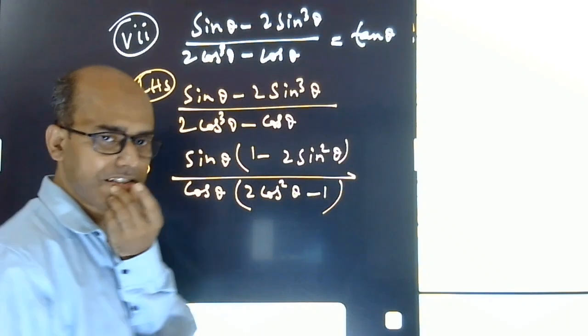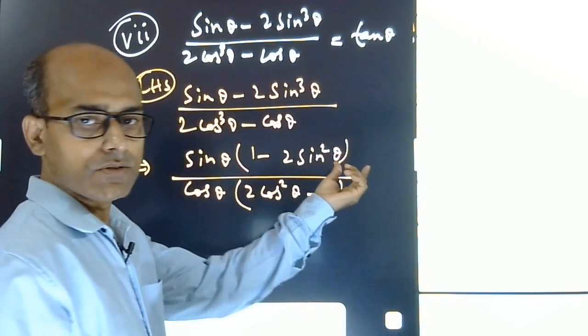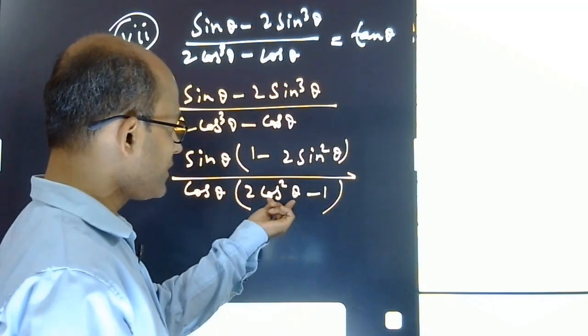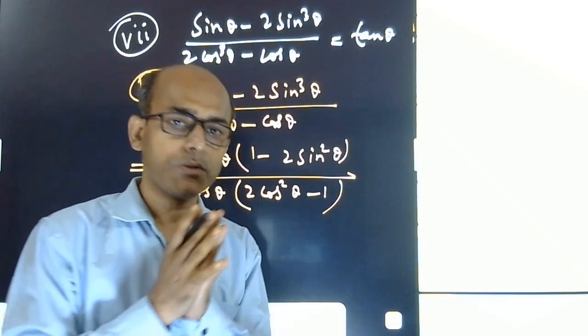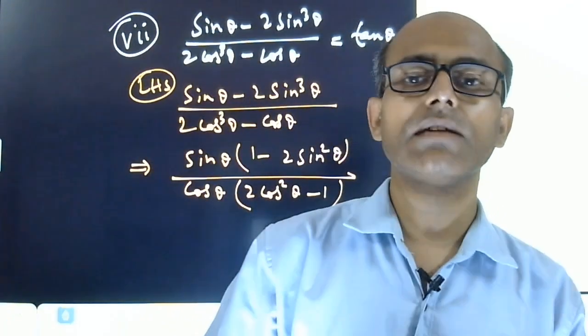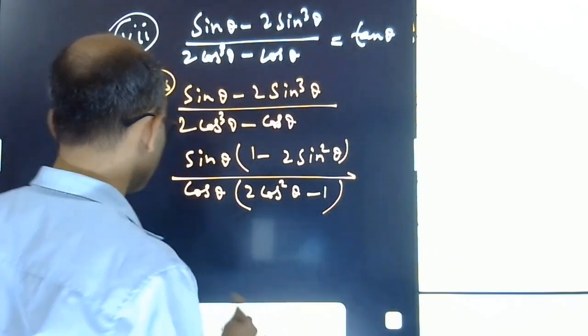One thing is very interesting: in the numerator you can see sine square theta, but in the denominator inside the bracket there is cos square theta. But we know that there is a relation between sine square theta and cos square theta, and that needs to be used here. Let's see.